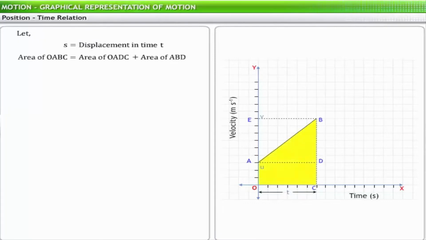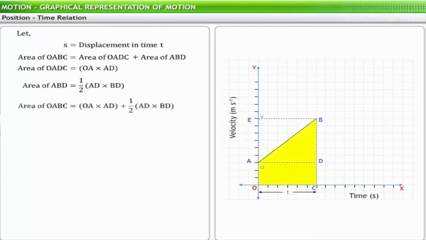The area of OABC is the sum of the areas of rectangle OADC and triangle ABD. The area of a rectangle is the product of its length and breadth, while the area of a triangle is half the product of its base and height.